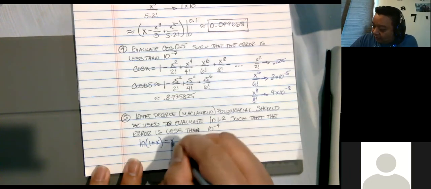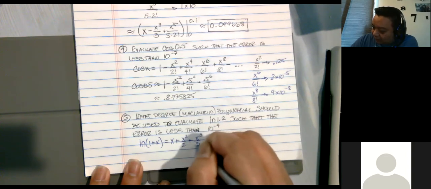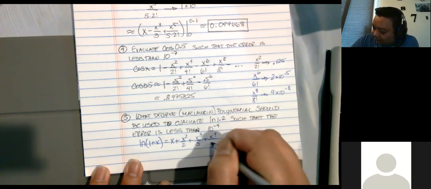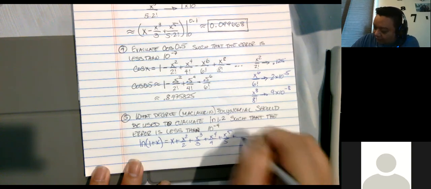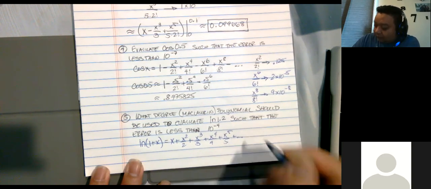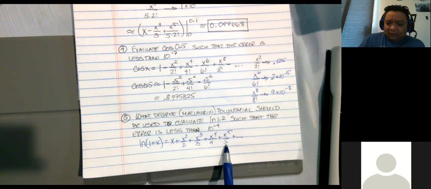It would be x minus x squared over 2, plus x cubed over 3, minus x to the 4th over 4, plus x to the 5th over 5, and so on. This time there's no factorial because it doesn't have one of those in the formula.